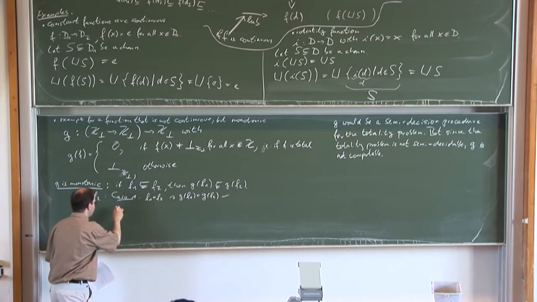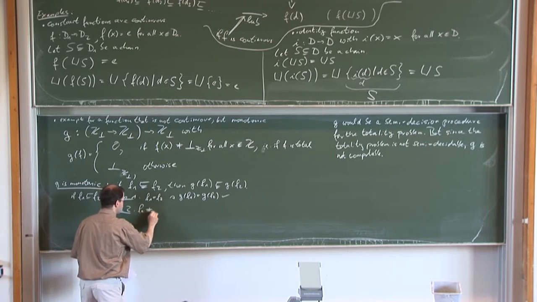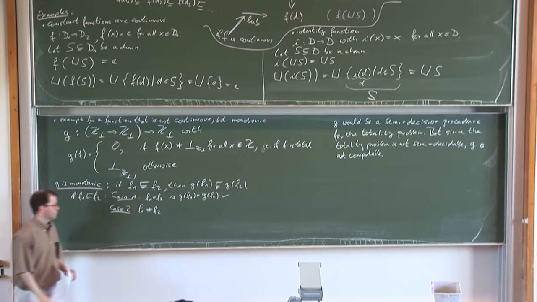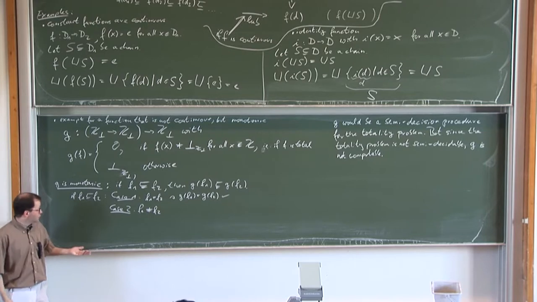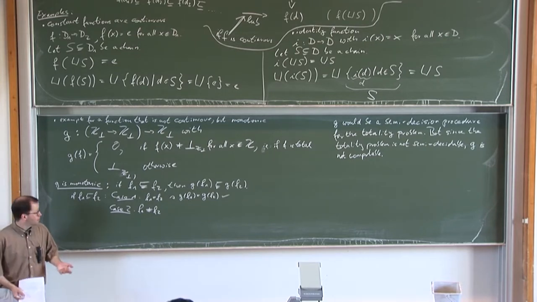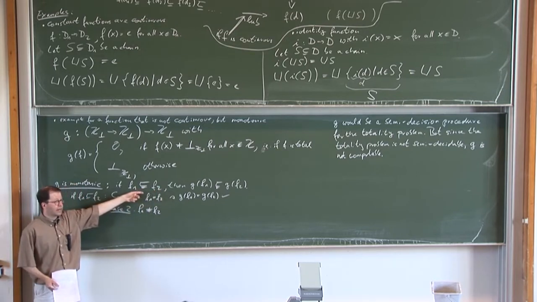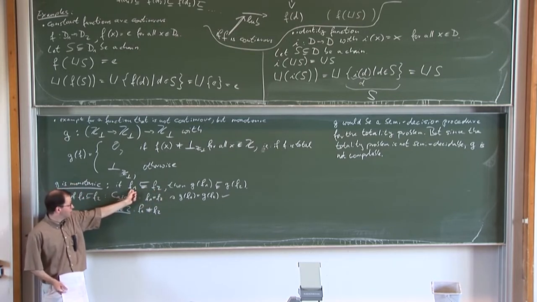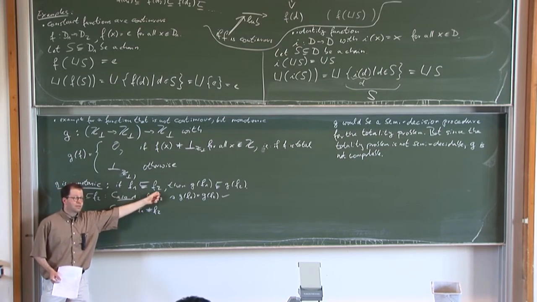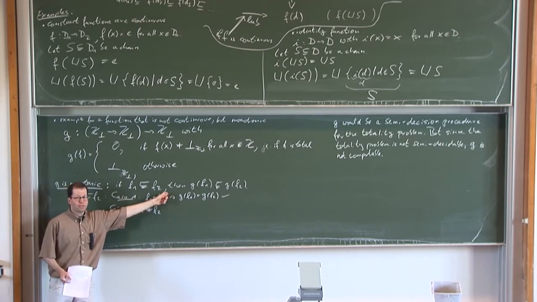So the interesting case is they are not equal. Now, if they are not equal, but f1 is less defined than f2, then this means there is some argument x where f1 of x is less defined than f2 of x, because this is defined argument-wise. A function is less defined than another function if for all arguments f1 of x is less defined or equal than f2 of x.